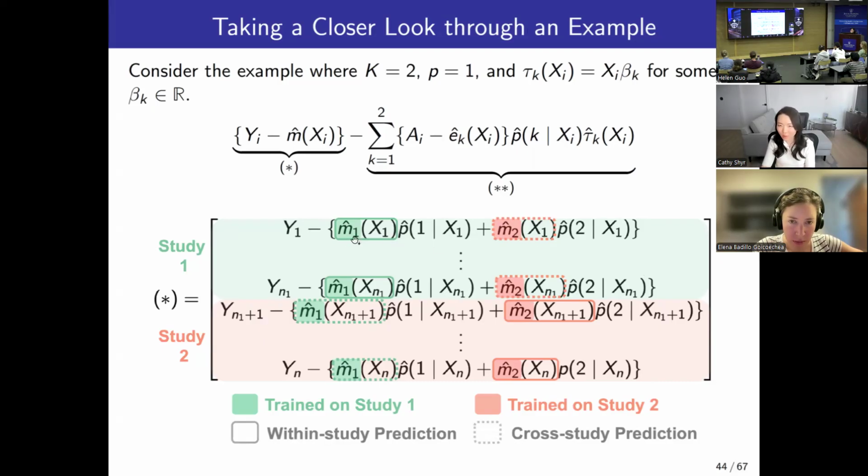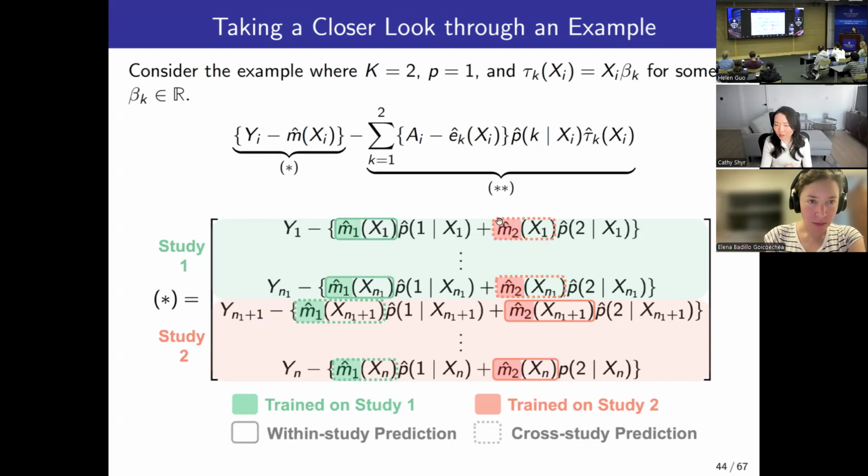So M hat 1 is the nuisance function that was estimated using data from study 1, right? So here we're making a within study prediction about a patient in study 1. On the other hand, M hat 2 was estimated using data from study 2, and we're using this estimator to make a prediction about a patient in study 1.